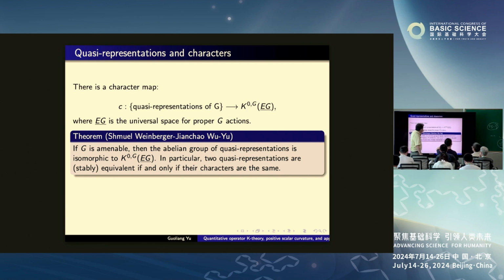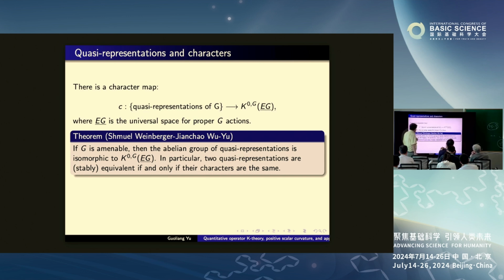You associate to a quasi-representation of the group a K-theory class, equivariant K-theory class, over this universal space for proper actions. This can be made very precise. This looks mysterious, but it's some kind of Rips complex, something very concrete. The quasi-representation is the mysterious object we are trying to study, and we put it in as a vector bundle over something very concrete.